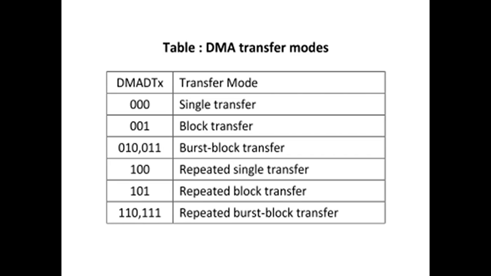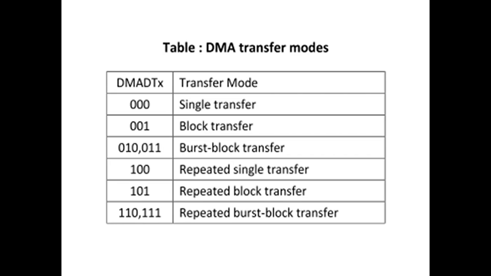Next, 4 indicates repeated single transfer mode, 5 indicates repeated block transfer mode, and 6 and 7 indicate repeated burst block transfer mode.